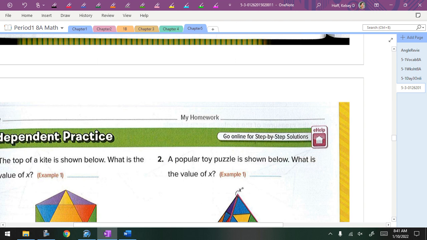Problems 1 through 4, 9, and 17 through 24. That is not that many problems. Guys, stop complaining. We will be around to check it as you go. You have to write equations, though.